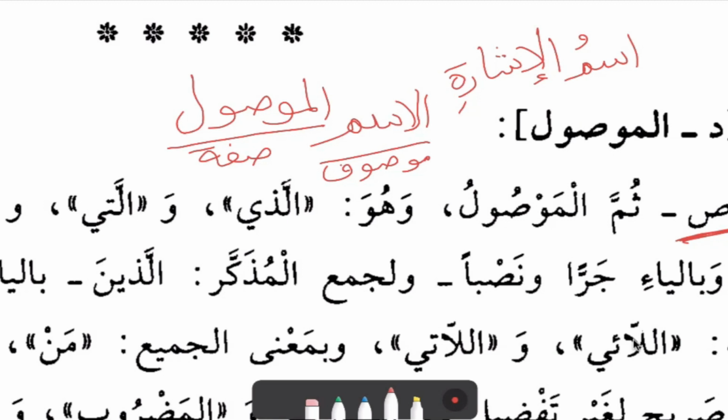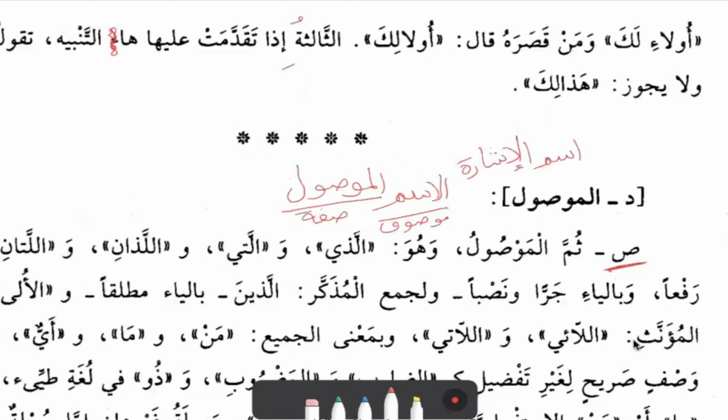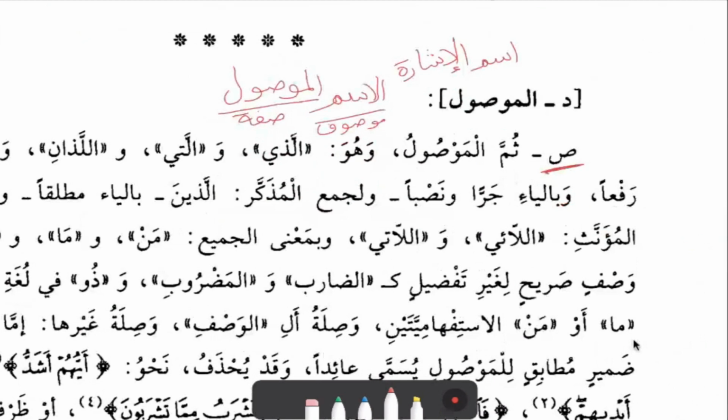Al-ismul mawsool. So don't forget to put al on the front here. Don't say ismul mawsool. We're talking about al-ismul mawsool now, which they call relative. They say relative pronoun. Also, we're not going to call this a pronoun. Good question was asked last week. Why is ism ishara not a pronoun?